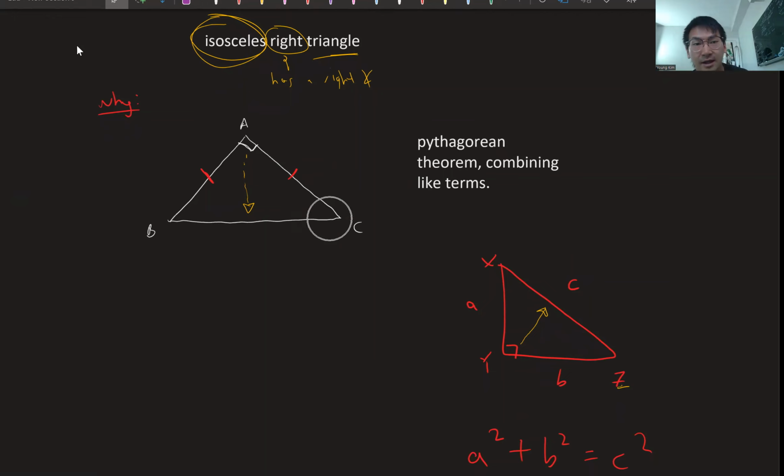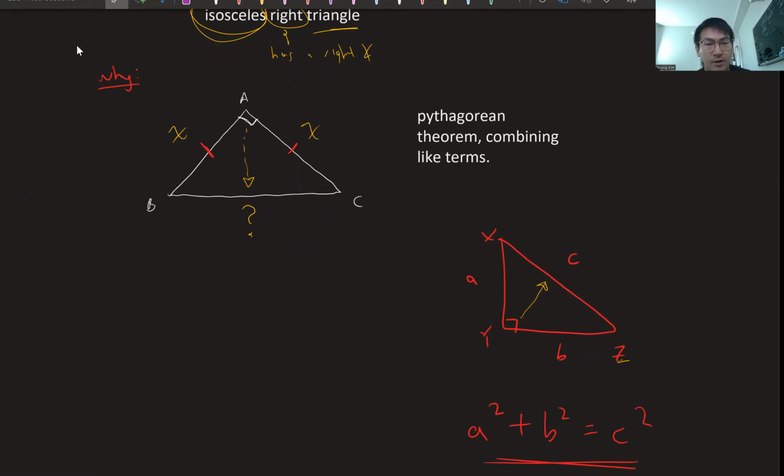We don't know the side length, so we're going to give it a placeholder x to represent these. If this is x, then this has to be x. Now the question is, I need to find out what this is. And if everything goes right, this has got to be radical 2 times x. So here we apply the Pythagorean theorem, and we know that this is like a.